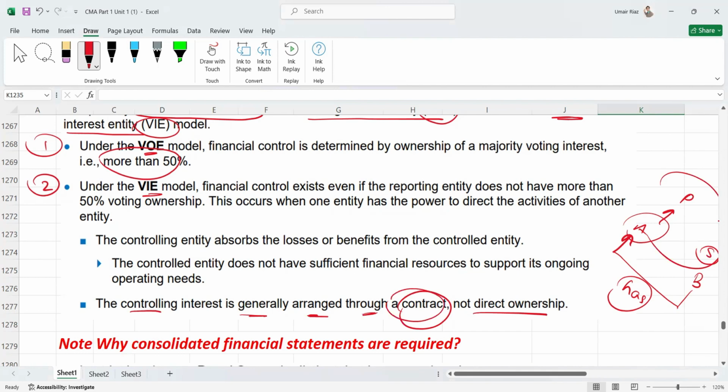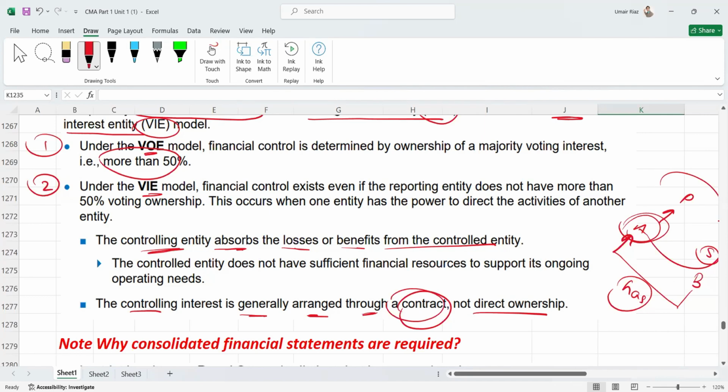Also remember, controlling entity means a parent company. The controlling entity absorbs the losses or benefits from the controlled entity. So you will take both their losses and benefits, right? You will absorb them. If this scenario is there, where control is passed through the contract, that is called the variable interest entity model.